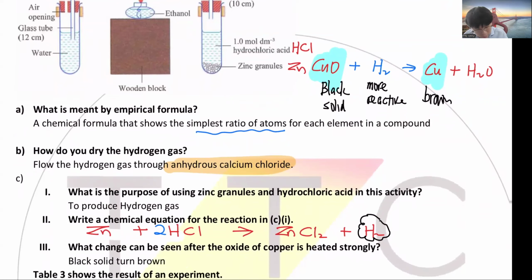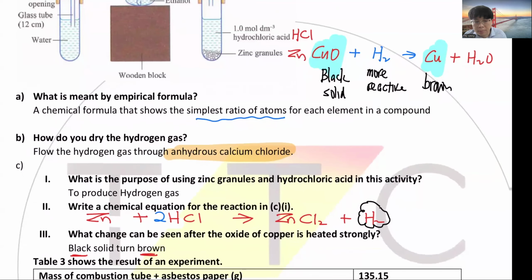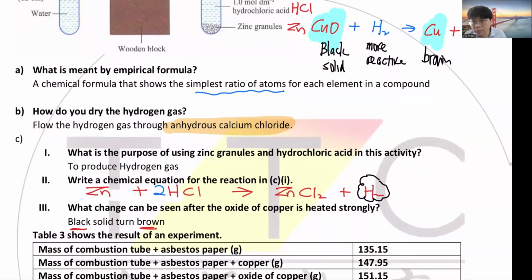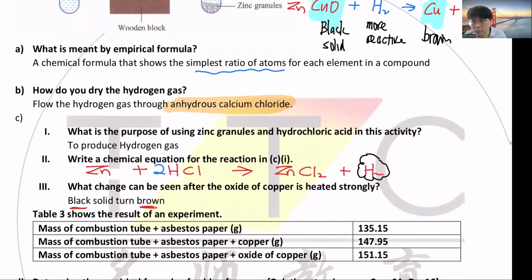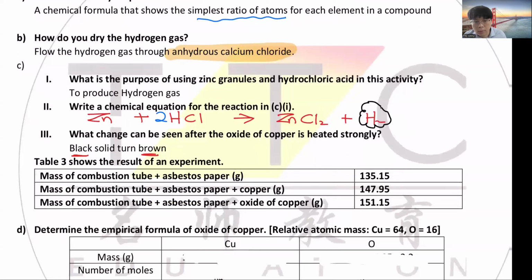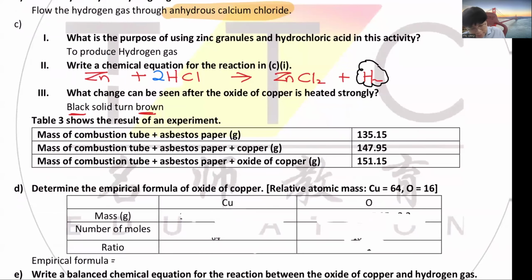So the black solid will turn into brown. You can write in detail, but the purpose is to produce hydrogen gas. So the mass here, same concept.